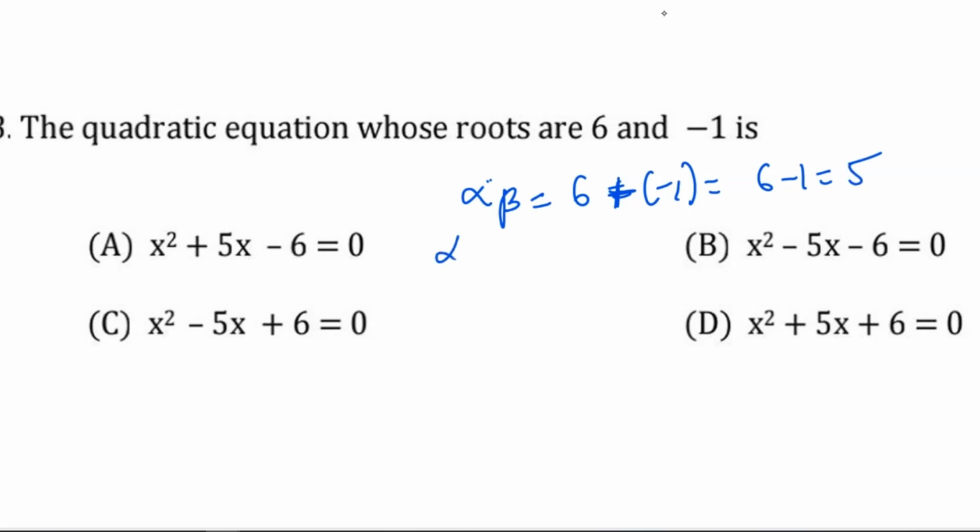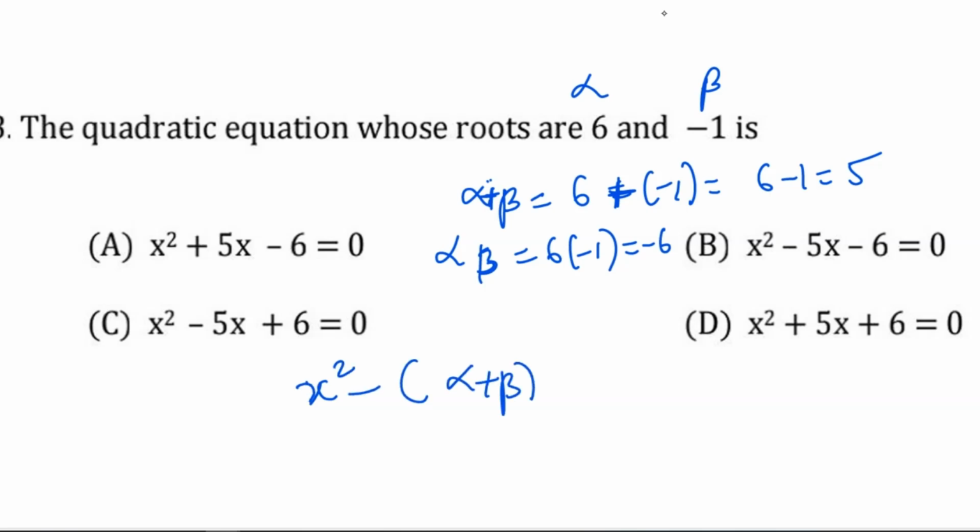Now we'll take the product of the zeros. Alpha is 6 and beta is minus 1. So alpha beta will be 6 into minus 1, which is minus 6. Now we have the formula x square minus (alpha plus beta) x plus alpha beta equals 0.